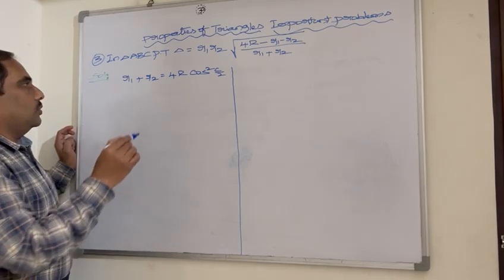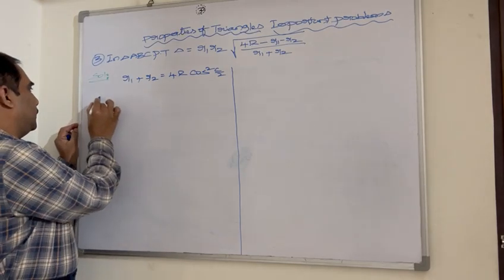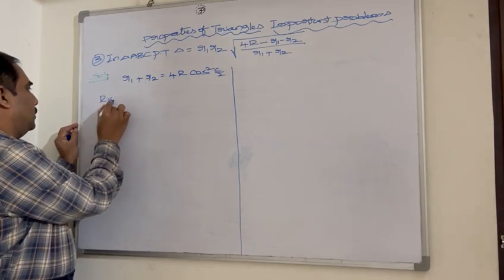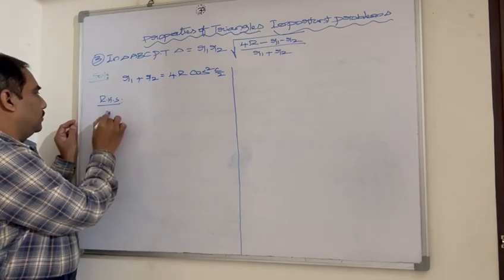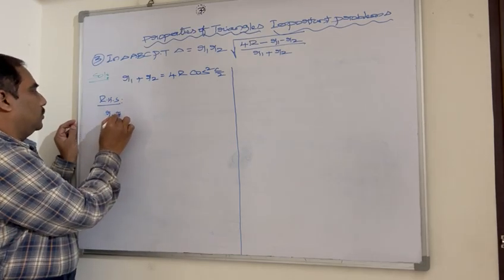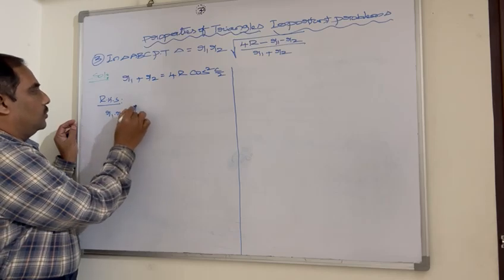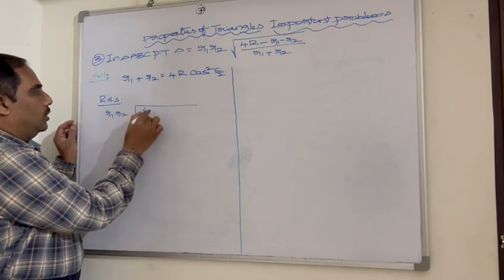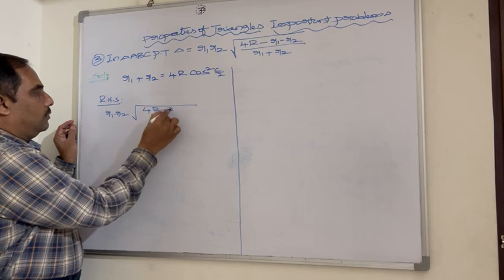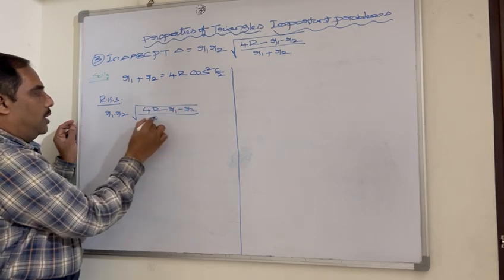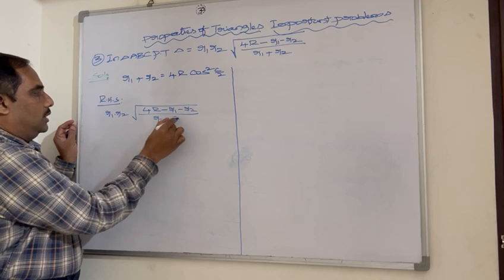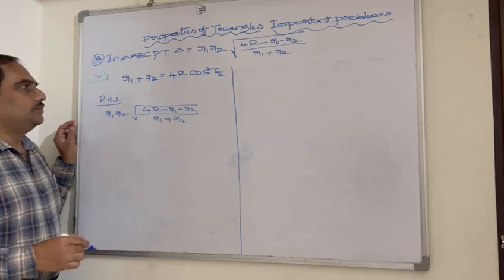So now what I am doing is taking the RHS. So RHS is R1 into R2 into root over 4R minus R1 minus R2 whole divided by R1 plus R2.